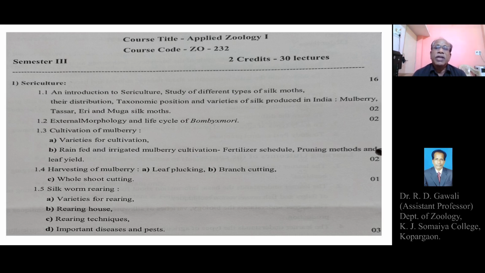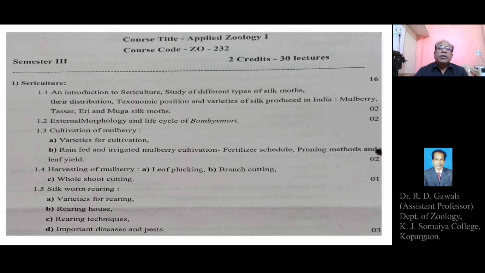So these are the 4 type of silk moths usually cultured or grown for the sericultural practice in India. So we are going to study these 4 type of silk moths in this topic. Then we are also going to study their distribution, taxonomic position, and the varieties of the silk produced in India.